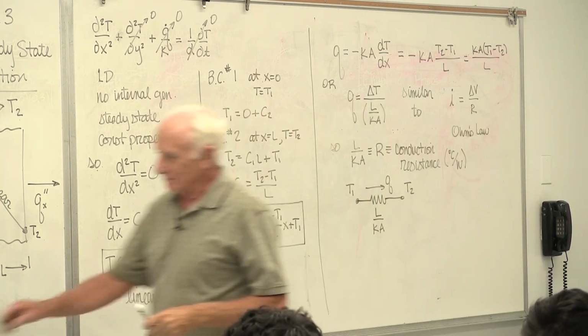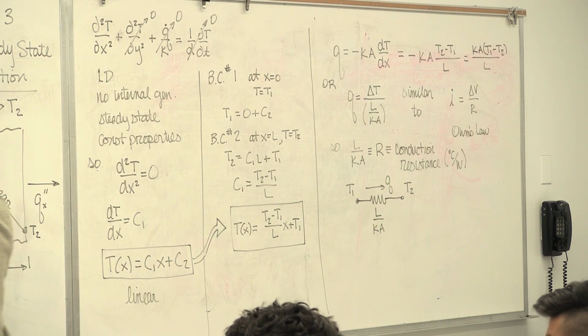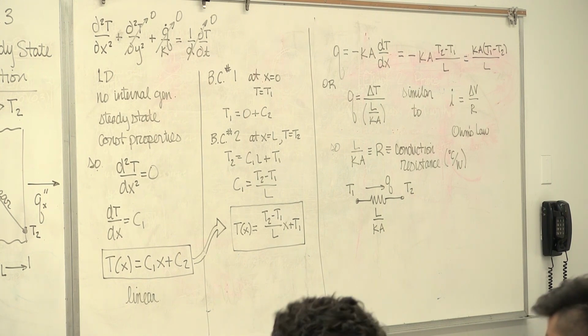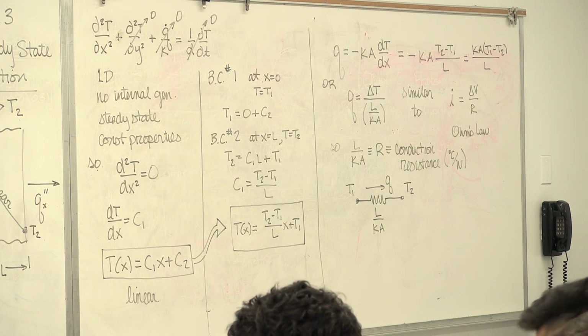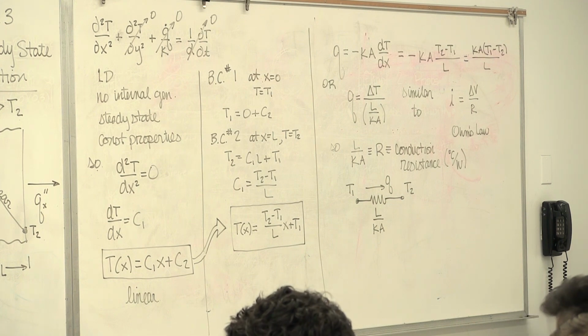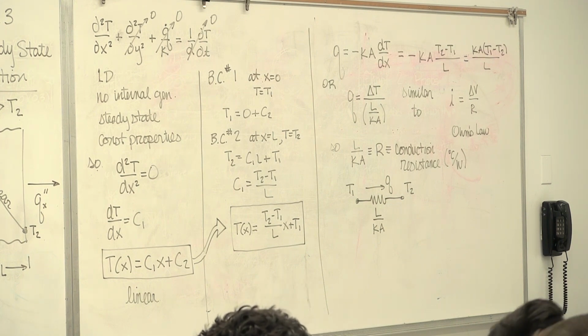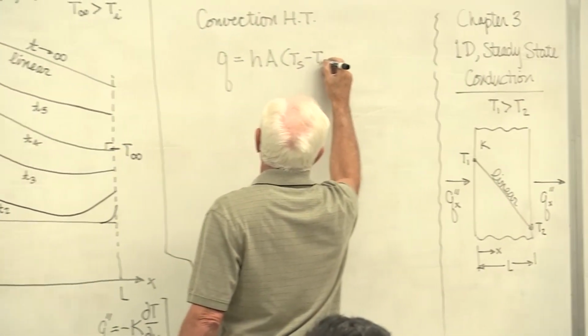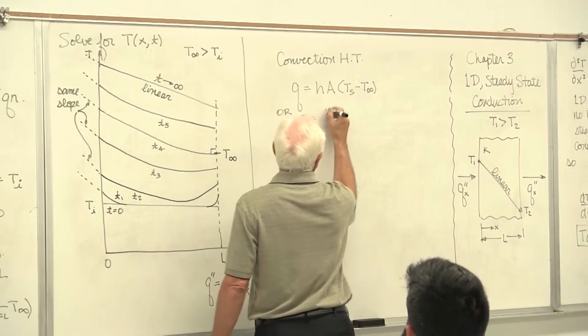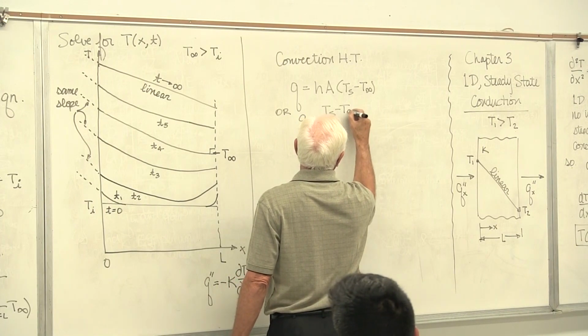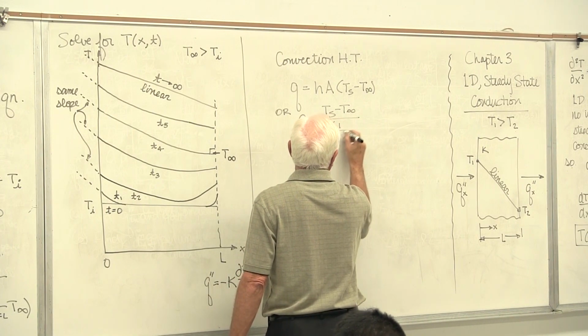Now, let's take another one. Obviously, that's conduction. Guess what number 2 is? Yeah, you're right, that's convection. So this one is going to be convection. Q equals hA times T surface minus T infinity, or Q equals T surface minus T infinity divided by 1 over hA.